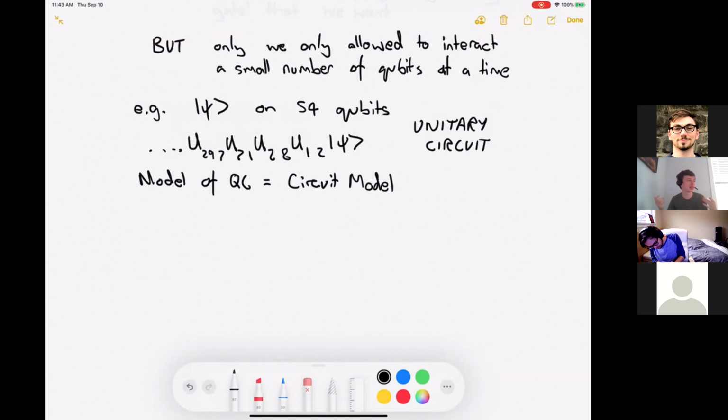In a practical circuit, you're going to be interacting all of the qubits together. There's going to be all sorts of stuff going on. If we're going to try to understand these algorithms, we're going to need much better notation for visualizing these things and understanding what they mean.